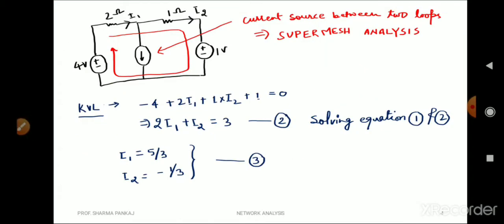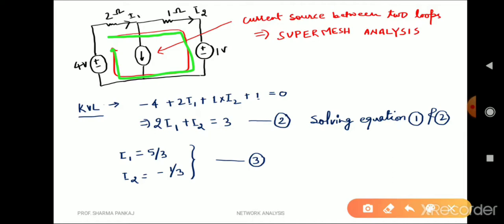Here I have redrawn the circuit. This is your current source between two loops, that is what gives rise to your supermesh analysis. Now we are going to write the KVL equation along this green path.